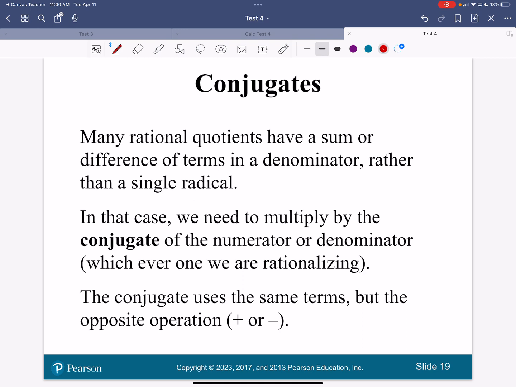We might have something like 3 minus the square root of 2. So we've been dealing with a single radical, and now we need to learn how to deal with this. In that case, we need to multiply by the conjugate.